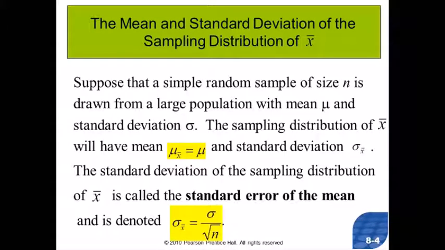The second and third description: the mean of the sample means of the sampling distribution is equal to the population mean, and the standard error of the mean is given by our formula here, the standard deviation of the population divided by the square root of the sample size, or the number of random samples.